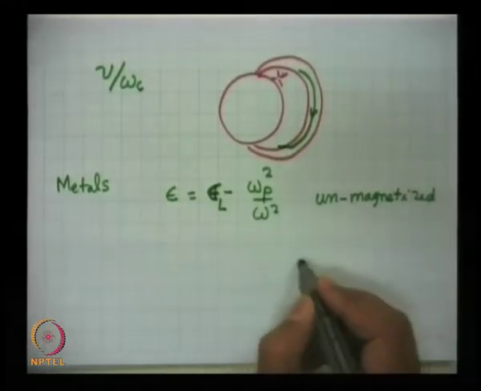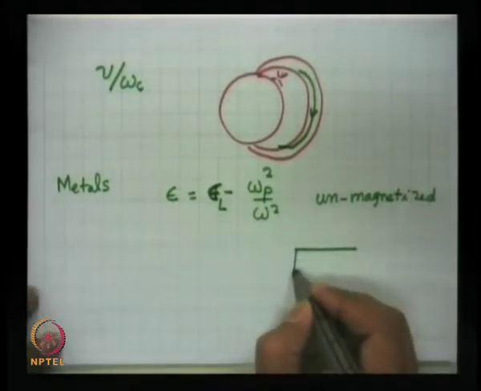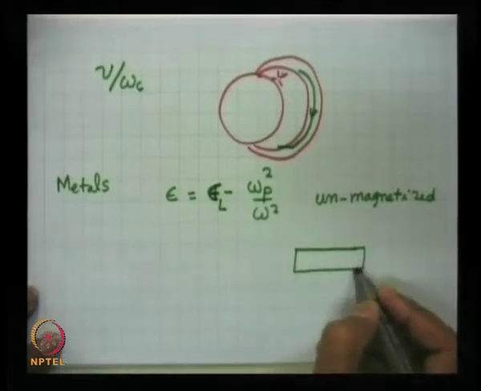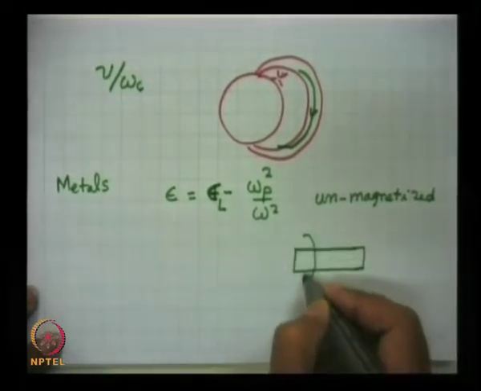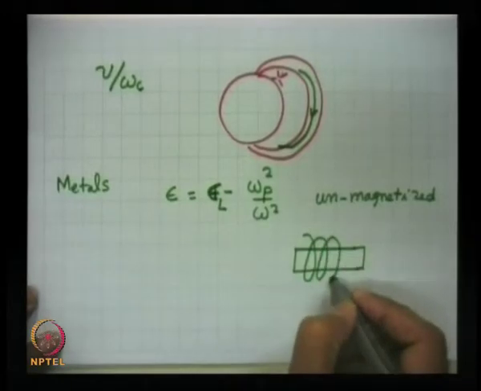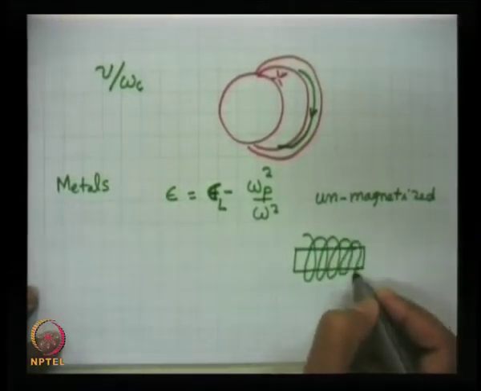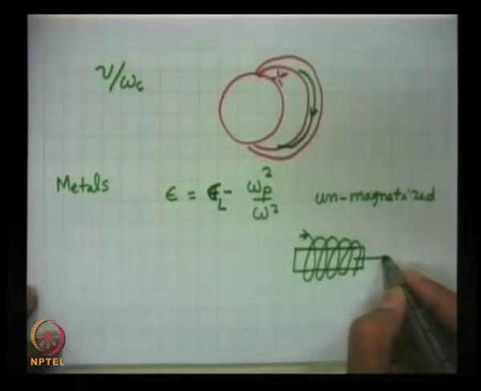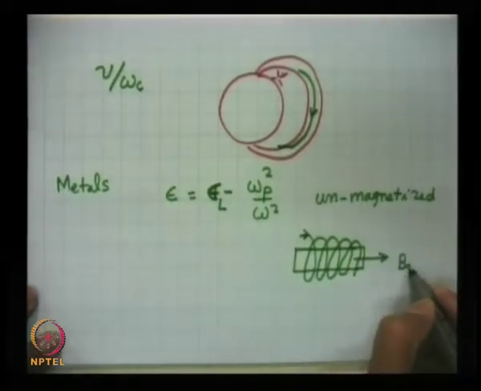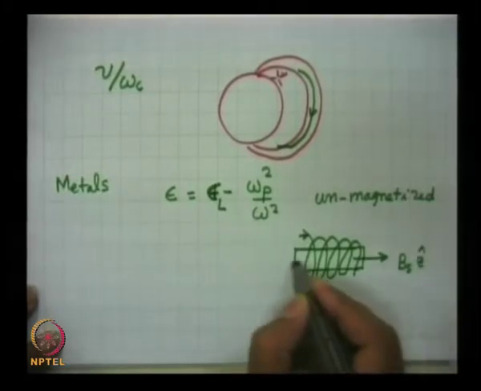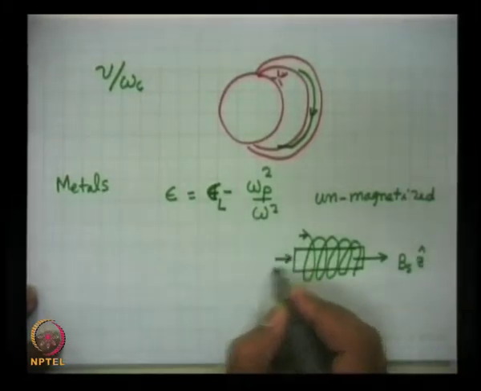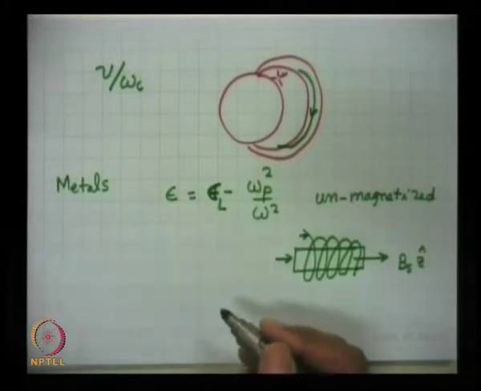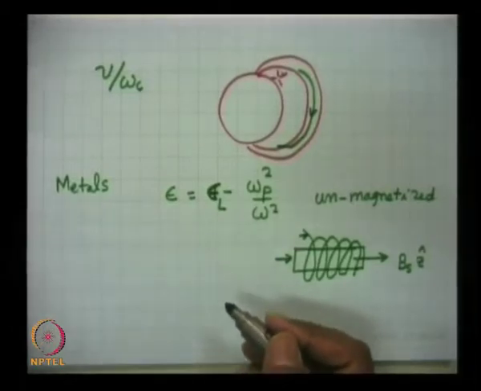But if you take a metal rod, for instance, and put it inside a solenoid or coil that carries current, so that a magnetic field is produced in this direction, you can launch a wave through the metal by using another RF coil.